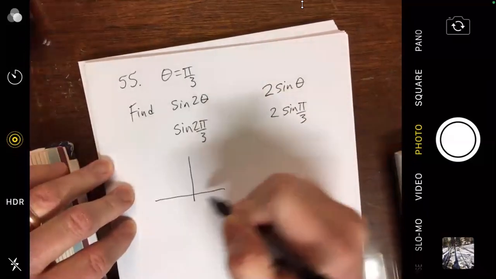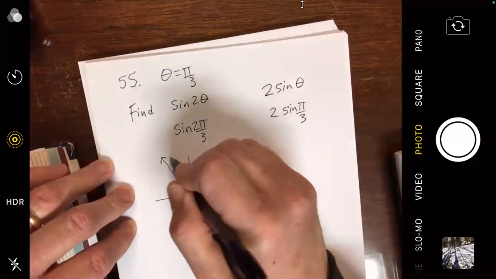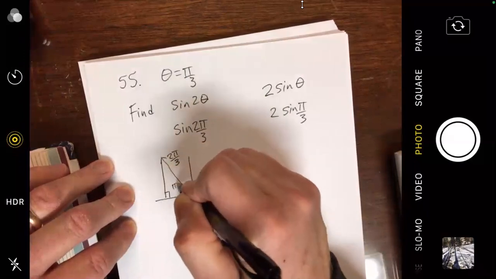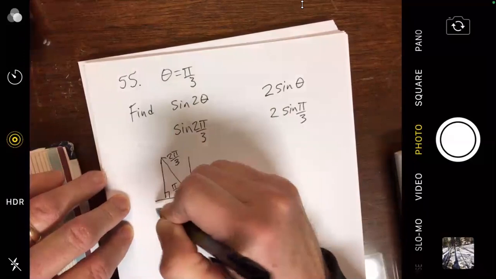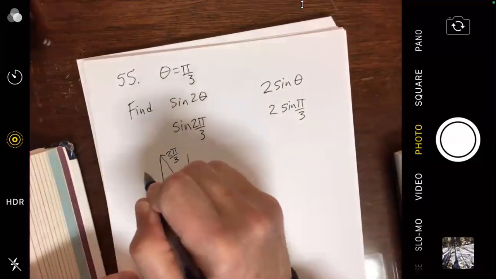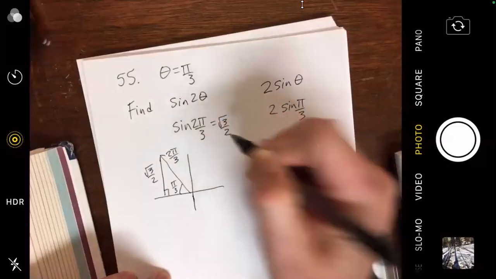All right, draw out 2 pi/3. And your reference will be pi/3. They give you 3 pi/3 here. And your sine is your y coordinate, and it's √3/2. This is equal to √3/2.